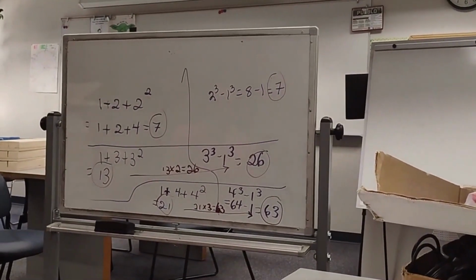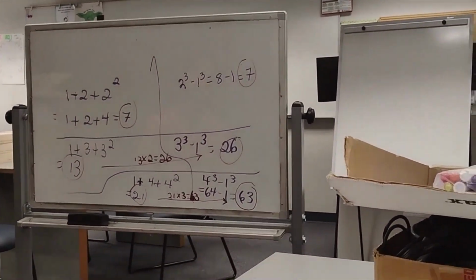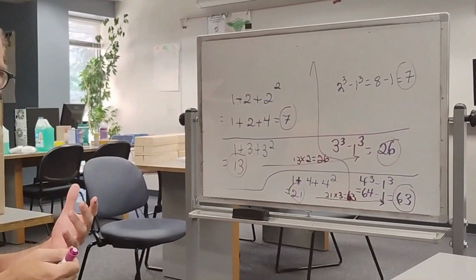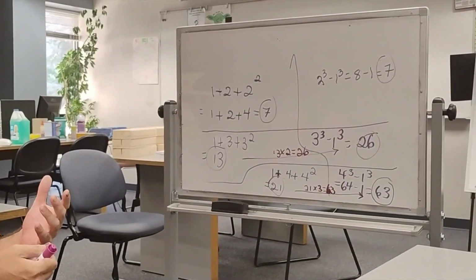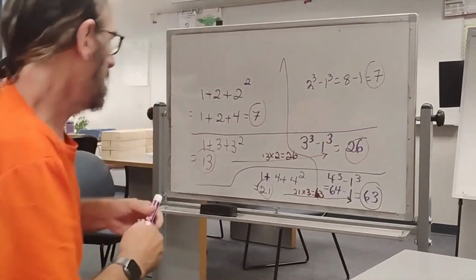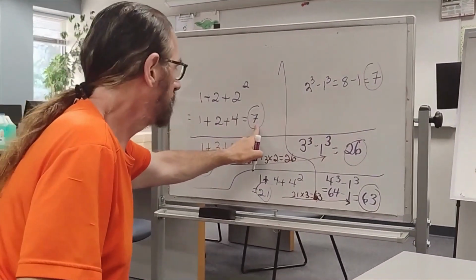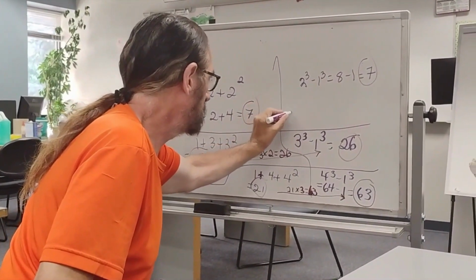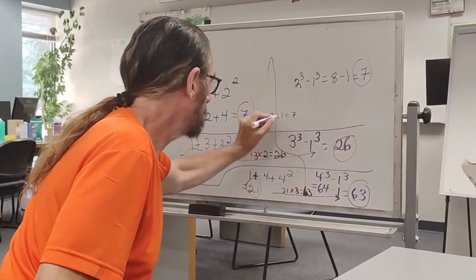Just like with the difference of squares, we're looking to write this as a product of two things. The fact that this stayed the same, we could say that we had multiplied it by 1.